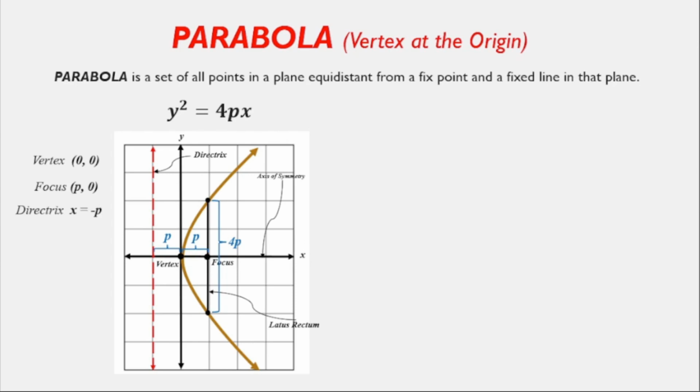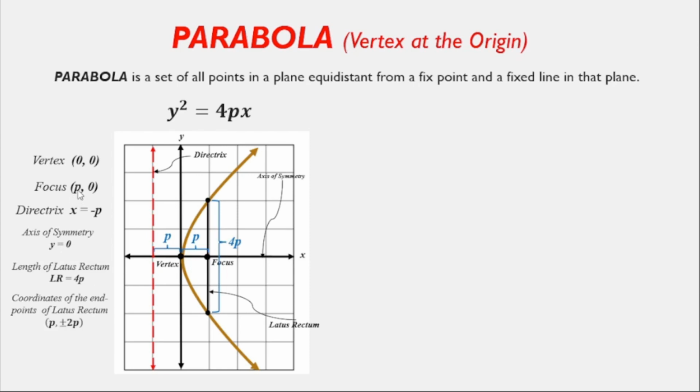For the directrix, the equation that represents this line is x equals negative p. For the axis of symmetry, which is the x-axis, the equation is y equals 0, and the length of the latus rectum is 4 times the value of p.